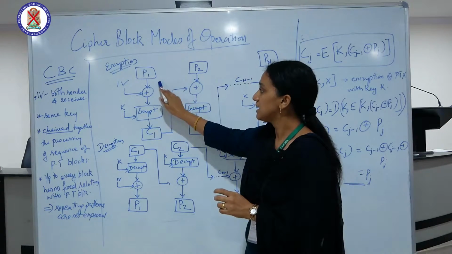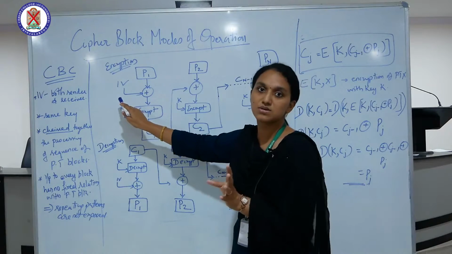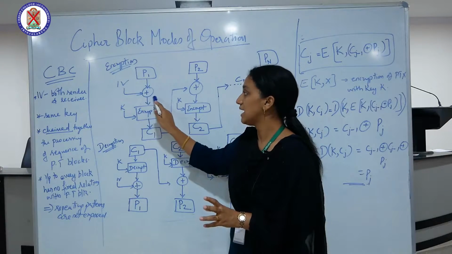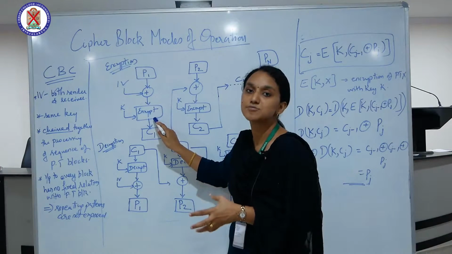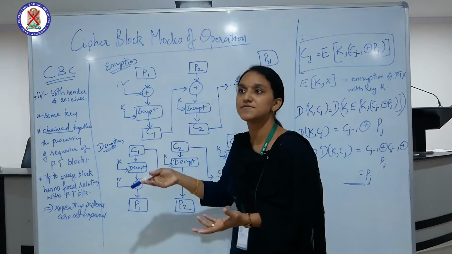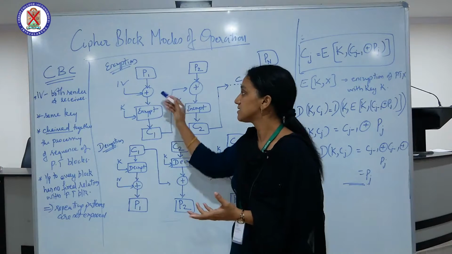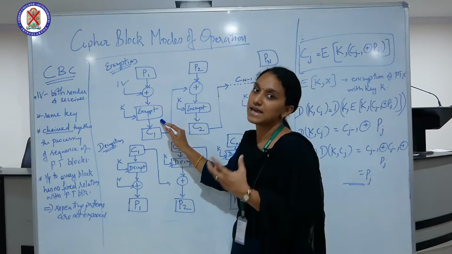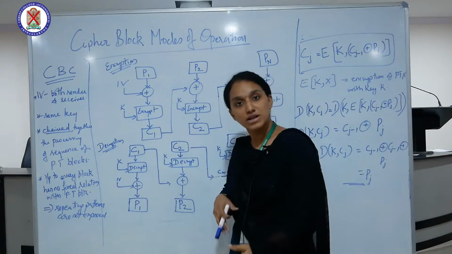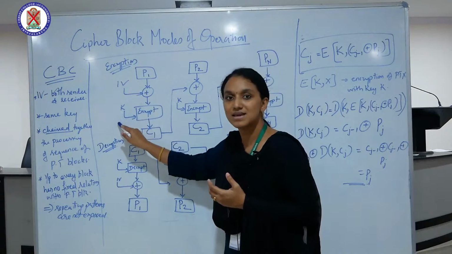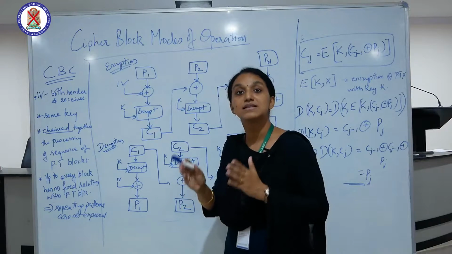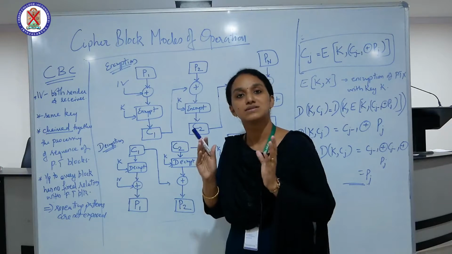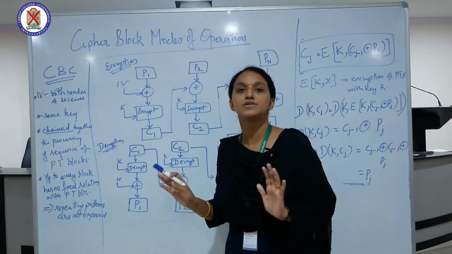P1 is XORed with the initialization vector, and the result you obtain is given as the input to the encryption algorithm. While using the algorithm, you have a key K, and as we have been saying all this time, this is symmetric encryption. So the same key is used for all the blocks.